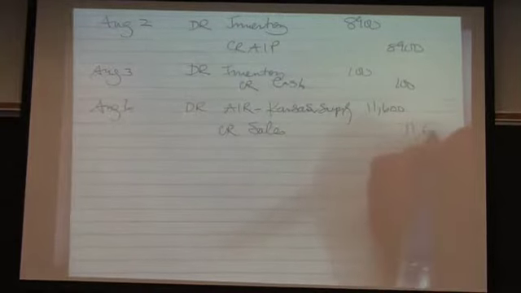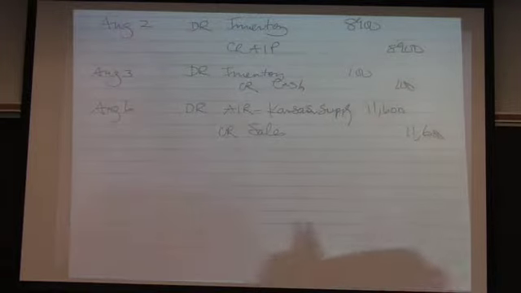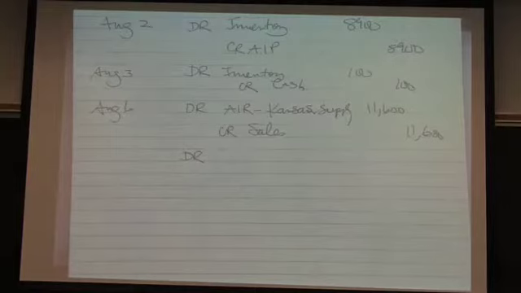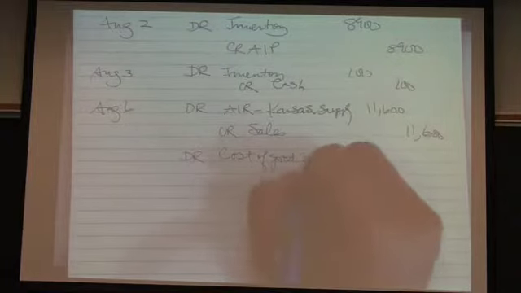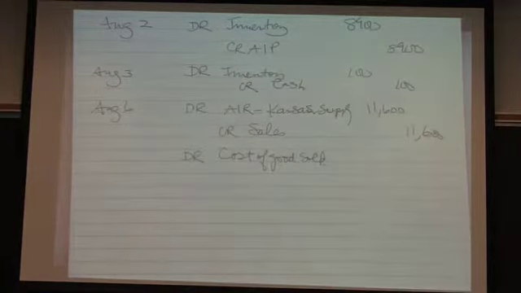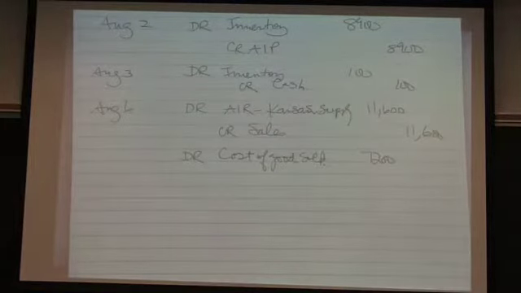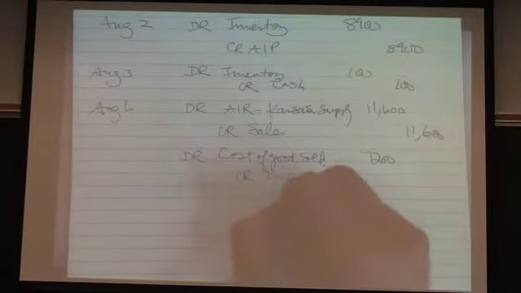We're going to assume that it did arrive on the 6th as well. Okay. Now we also, because it's a perpetual inventory system, we need to update the cost of goods sold. So debit cost of goods sold for the related cost of those merchandise. And we were told it was $7,200, and we're going to credit inventory.